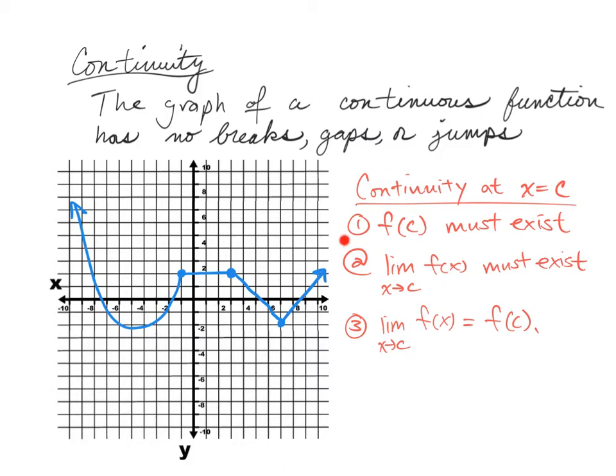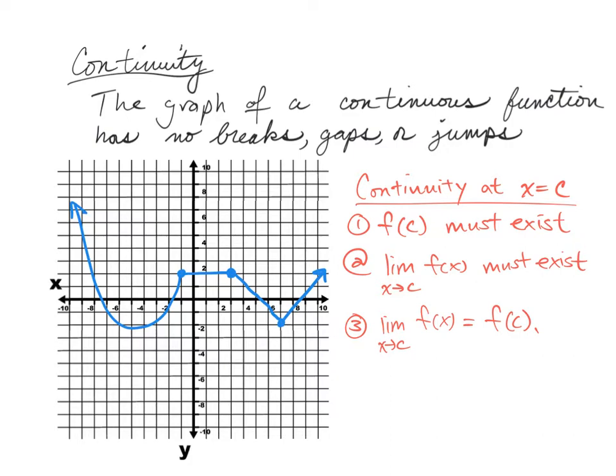Over on this side of the page in red now, we have a definition for the continuity at a specific x value, c. The first thing that needs to happen in order for a function to be continuous at x equals c, one specific point, is that f of c must exist.